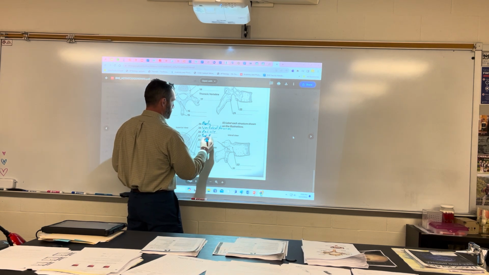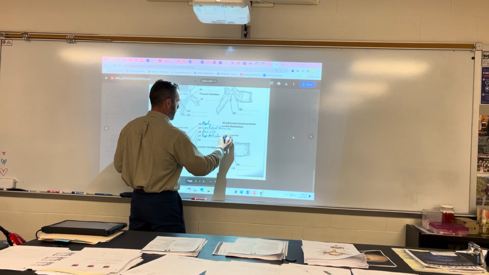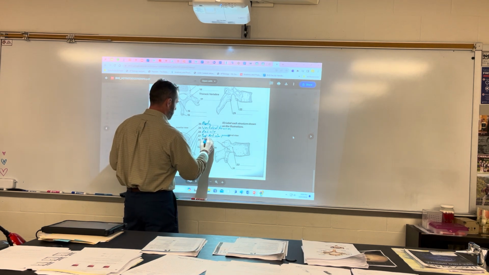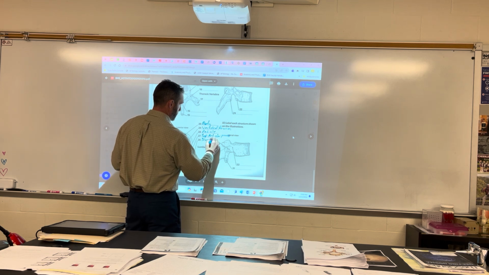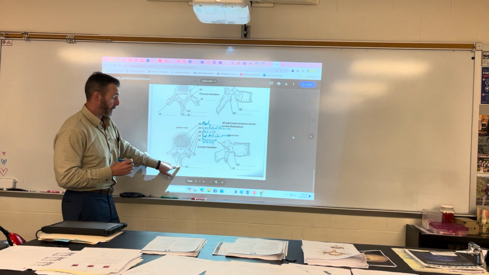So I'm going to put SUP and then articular process. 26 is pointing to the transverse process. Okay. 25 is pointing to the spinous process.